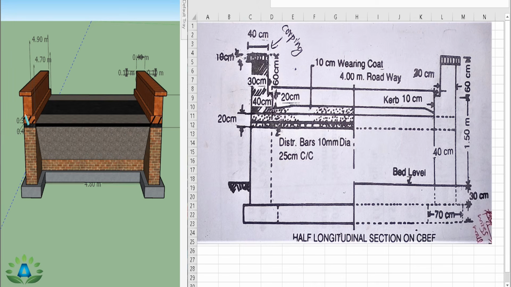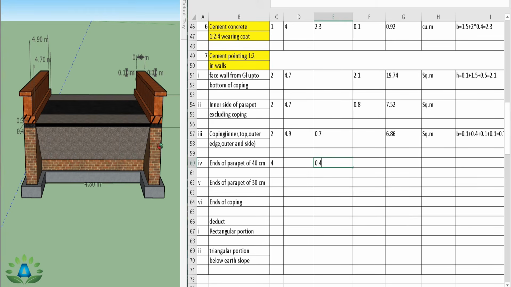So we have this total number 4, that means these two and the back side 2, so number equals 4, and we have this width, that is 40 centimeter width of this parapet and up to the height of 20 centimeter, that means this portion. So we have the number 4 and we have the width of 0.4 and we have the height of 0.2 meter, that means this small portion. So we get the total quantity 0.32 and the unit is meter square.